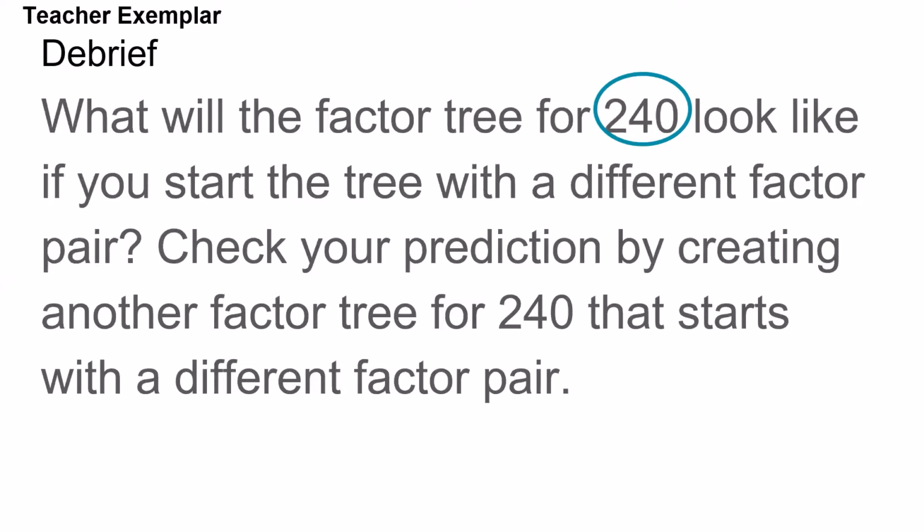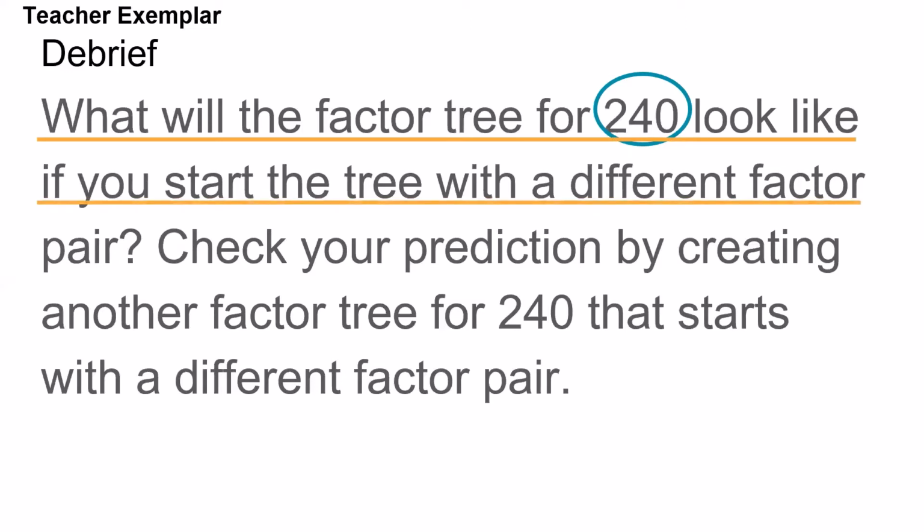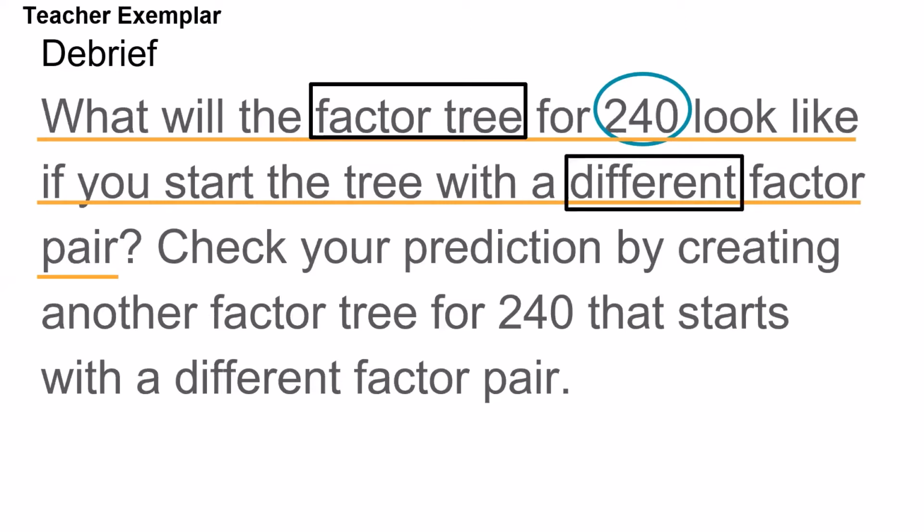Underline the question: What will the factor tree for 240 look like if you start the tree with a different factor pair? And finally, we will box in keywords: factor tree, different factor pair.